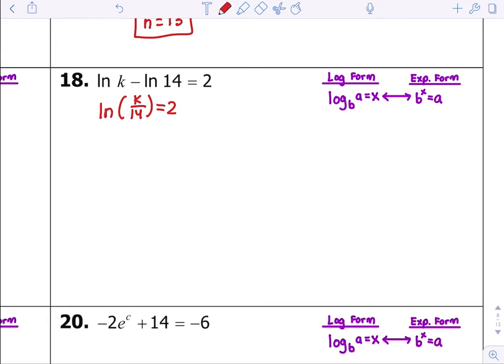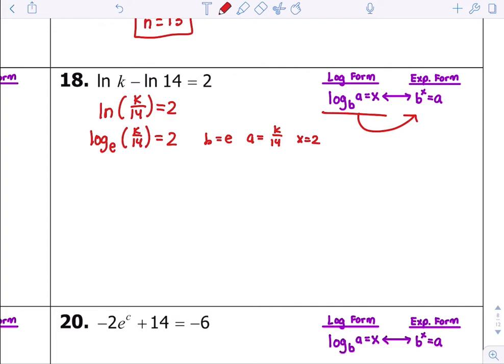So natural log, you guys, is, remember, log base of e, k over 14, which is equal to 2. Alright, so remember we're going from log form and going to transform it to exponential. So let's write our b's, our a's, and our x. So our b is equal to e, our a is equal to k over 14, and our x is equal to 2.